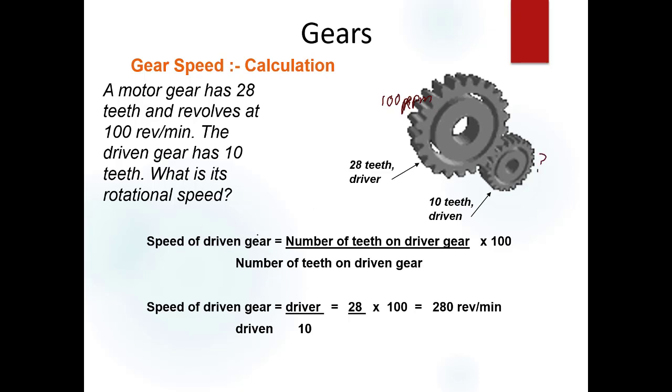Well, the speed of the driven gear, that's this here, is the number of teeth on the driver over the number of the teeth on the driven, and you multiply that by 100. So if the driver has 28 teeth and the driven has 10, it's 28 over 10 multiplied by 100 gives you a speed of 280 revs per minute.